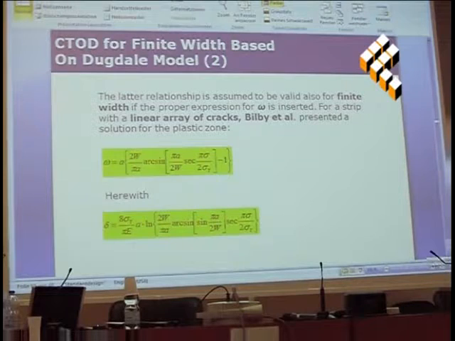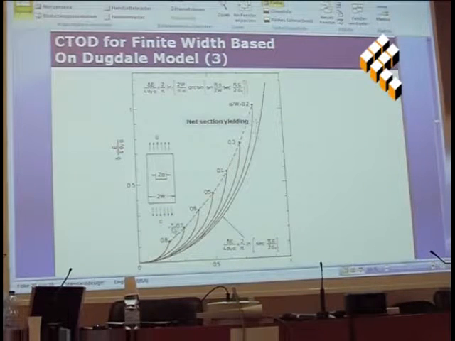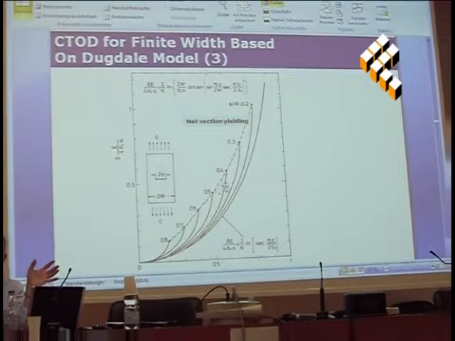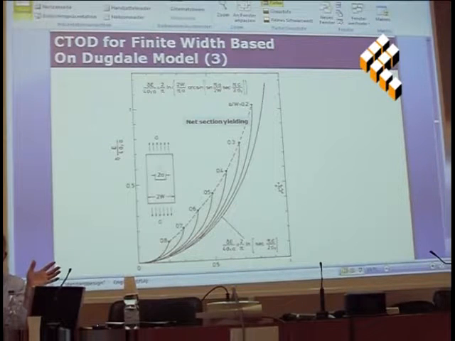And once again, the diagram that I showed you, you see the size effect can be quite substantial. This is an infinitely wide sheet, and these are finite widths. And I used this to calculate or to determine critical CTOD values for panels that I had tested.